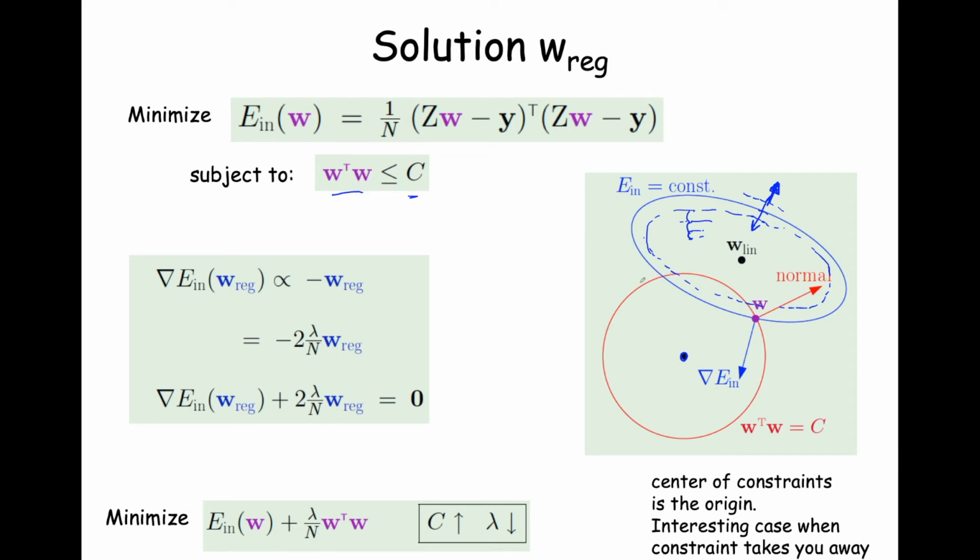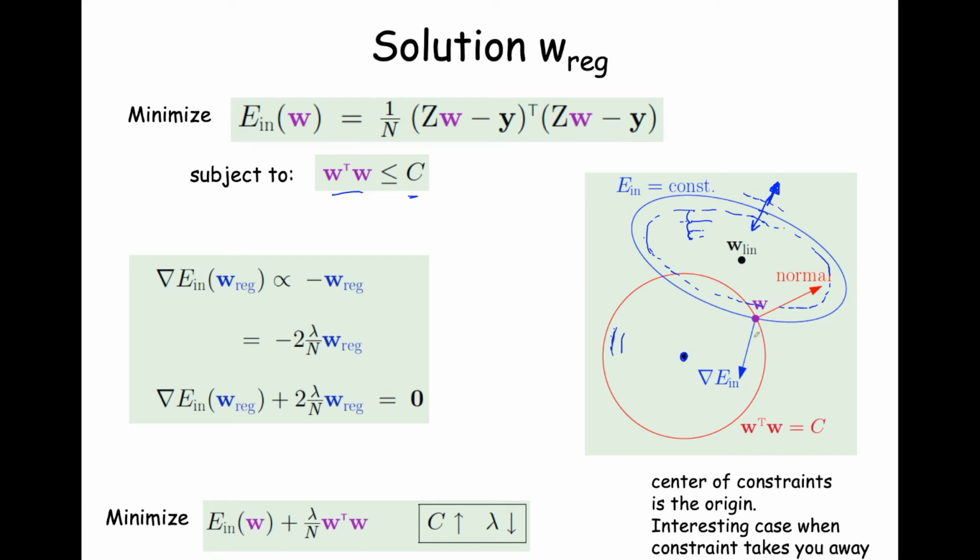So we draw that constraint as this red circle, and W transpose W equals C is the largest value for this constraint. It can certainly be less. Now, we would also have these concentric circles if we had W transpose W equal to some other constant that's smaller than C, but for W transpose W less than or equal to C, the biggest this constraint can be is precisely equal to C, and that corresponds to this red circle here.